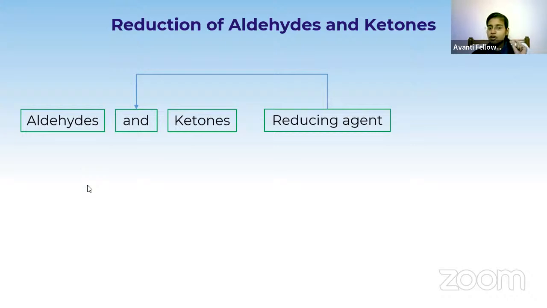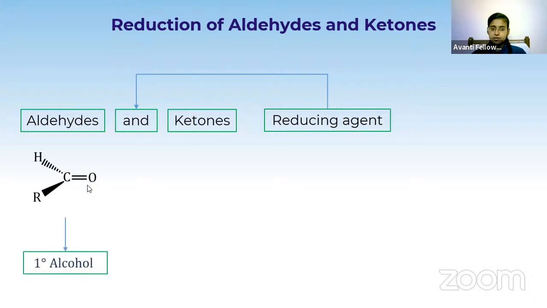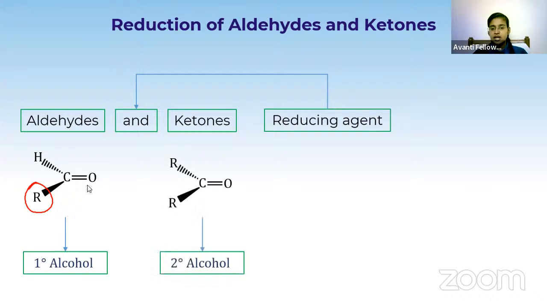The formula for aldehyde is RCHO. Got it? C double bond O, H. Aldehydes on reduction will lead to the formation of primary alcohol, and ketones on reduction will lead to the formation of secondary alcohol.